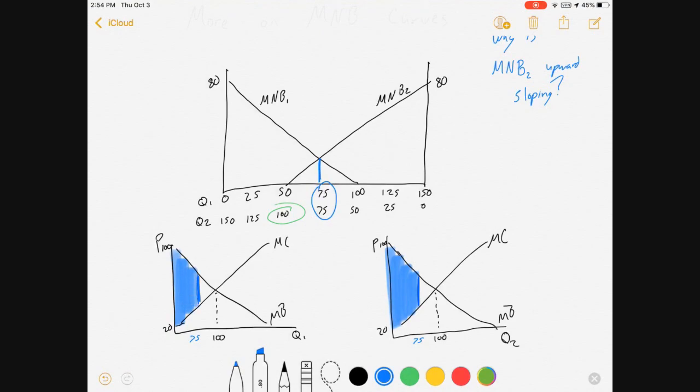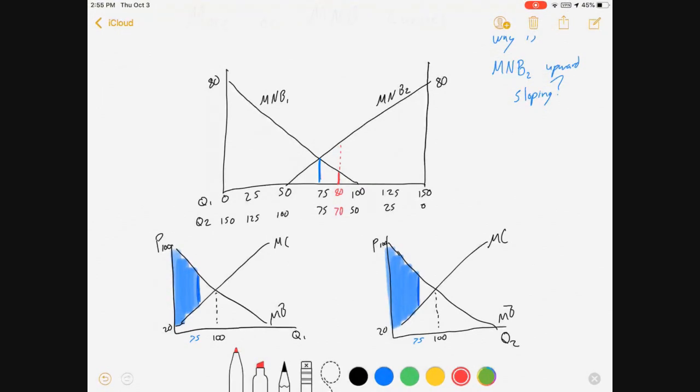Pretend those are symmetrical. Now, if I consume 75, then all of this stuff is net benefit, and all of this stuff is net benefit. Now, what happens if in period 1 we consume more than this? Say, for example, we consume 80, leaving only 70 for the other time period. Well, what I'm seeing is that the marginal net benefits for period 2 are higher than the marginal net benefits for period 1.